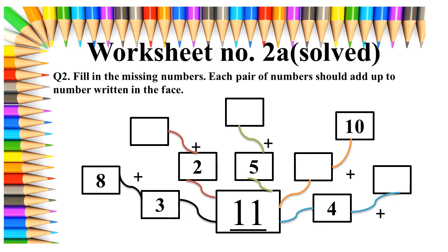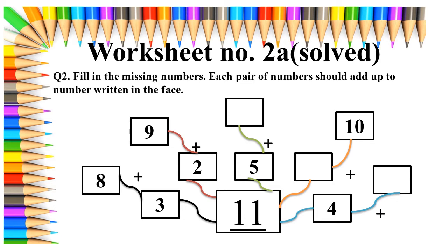Now next is dash plus 2 is equal to 11. Now again start counting from 2 and stop on 11. Why 11? Because 11 is the answer. 3, 4, 5, 6, 7, 8, 9, 10, 11. So 9 plus 2 is equal to 11.